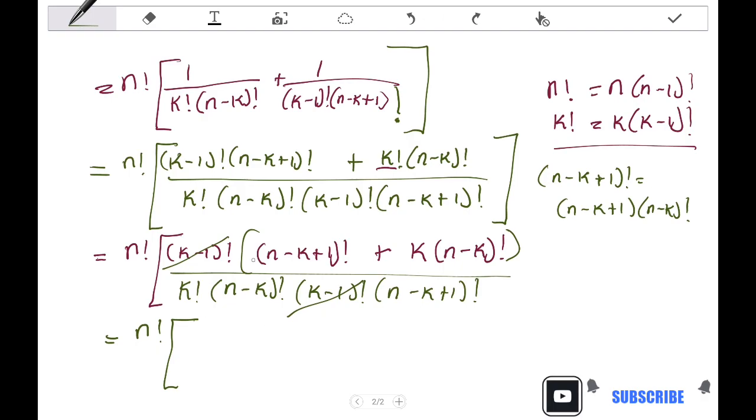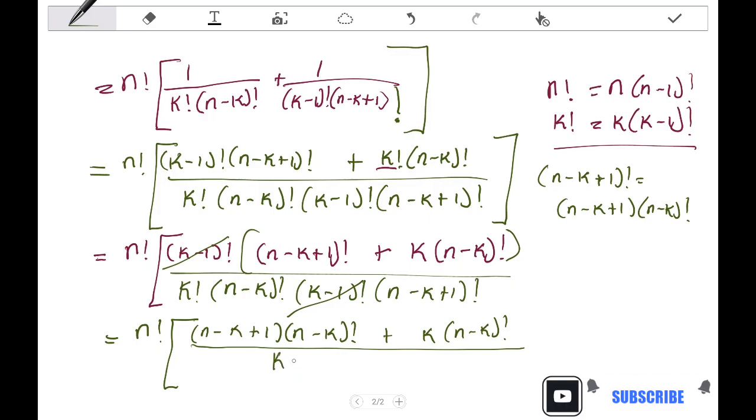Remember that you are left with n minus k. We're changing this n minus k to that thing, so it's n minus k plus 1 multiplied by n minus k factorial, then plus k times n minus k factorial, all divided by k factorial into n minus k factorial, then multiplied by n minus k plus 1 factorial.